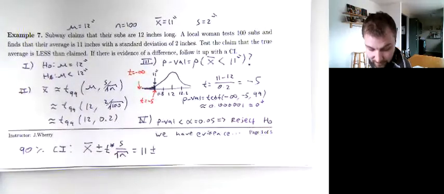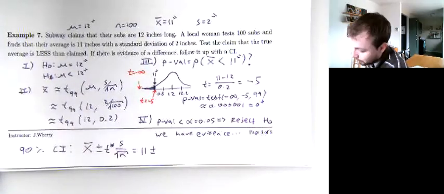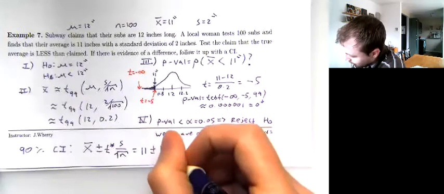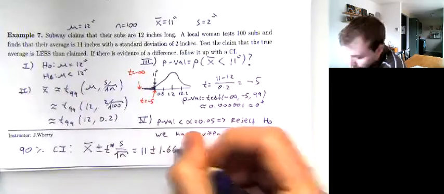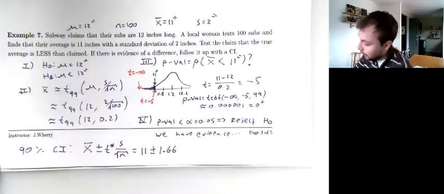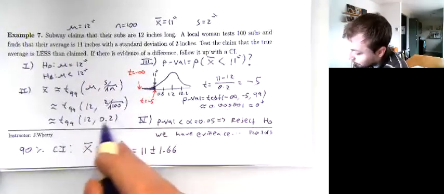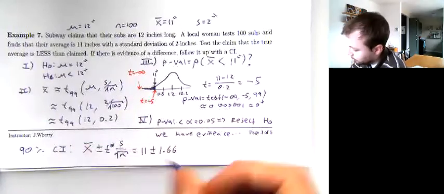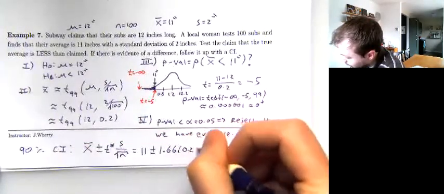If I have a DF of 99, when I looked up the 90% in my table, I got a critical value of 1.66 or so. And I already know what this s over the square root of n is because I did that calculation up top. That was 0.2.